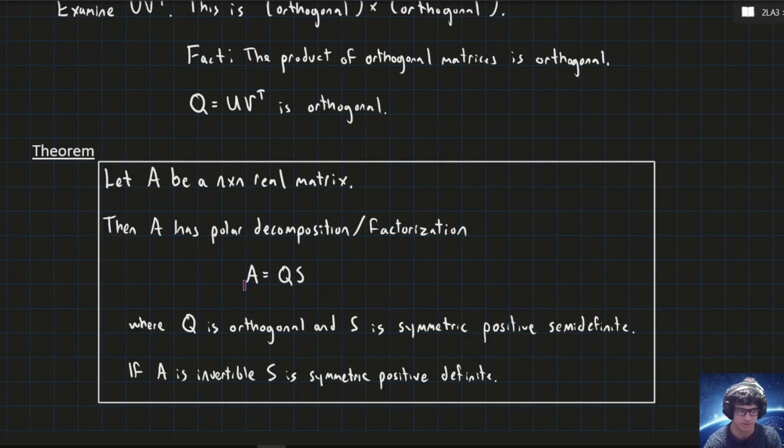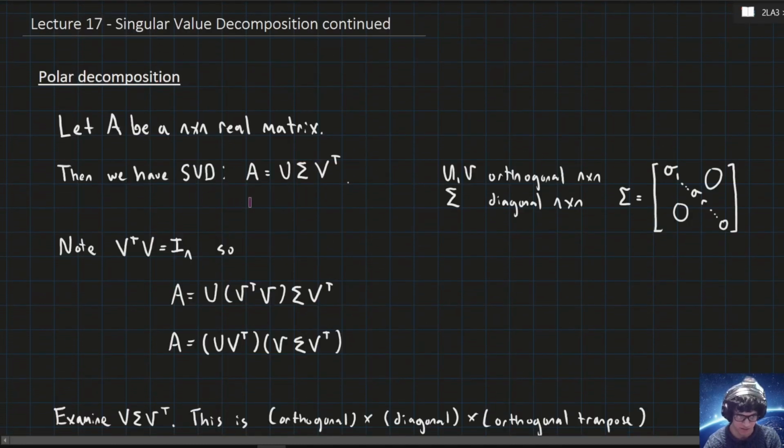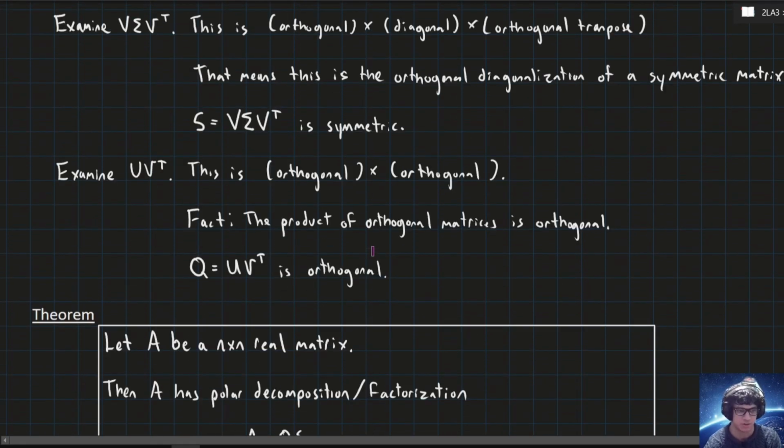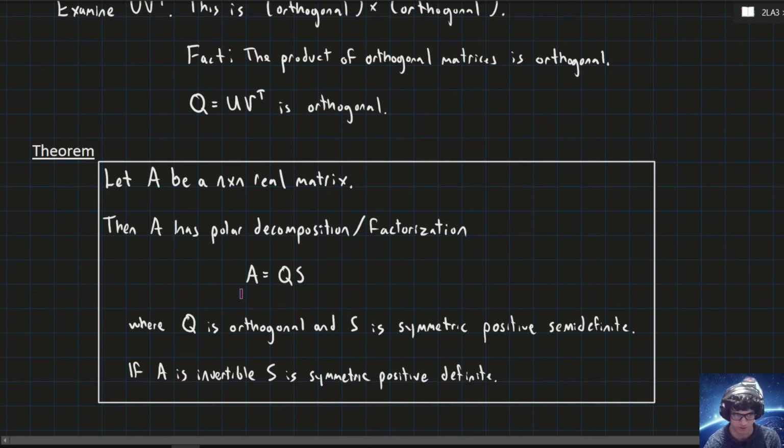So you might ask, if we have the SVD like this, which is orthogonal, diagonal, orthogonal, what's the advantage of writing it as orthogonal times symmetric positive semi-definite? Okay, so there is an advantage to looking at it like this.